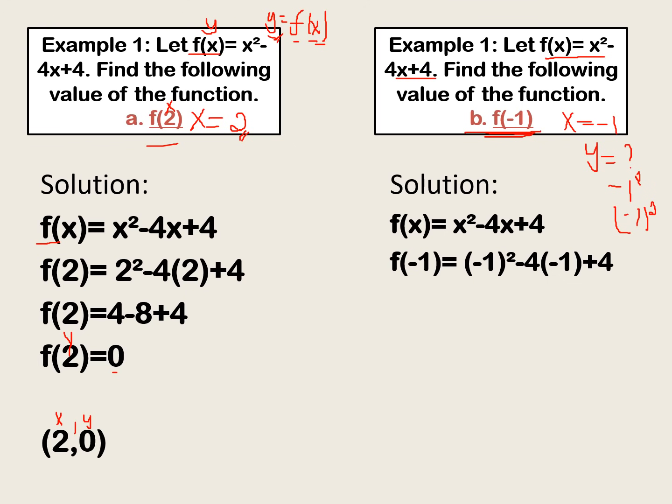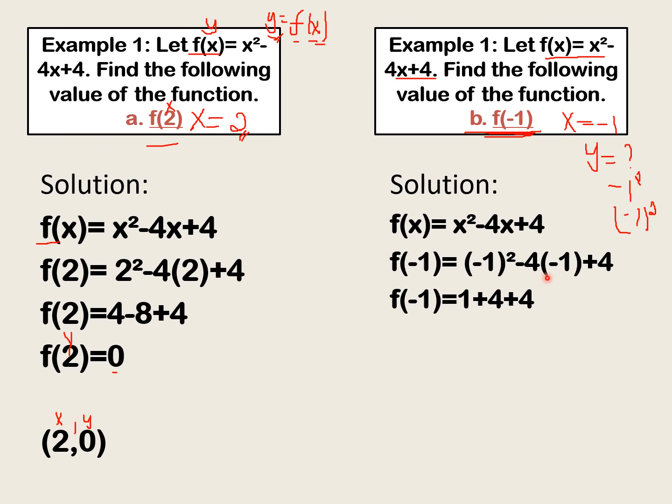Okay? Now, going back. So, negative 1 squared, it means that we have here negative 1 na i-multiply natin sa sarili niya, negative 1. Okay? Ang makukuha natin would be positive 1, tama? Then, minus 4 multiply by negative 1. Tama? Ano makuha natin dito?